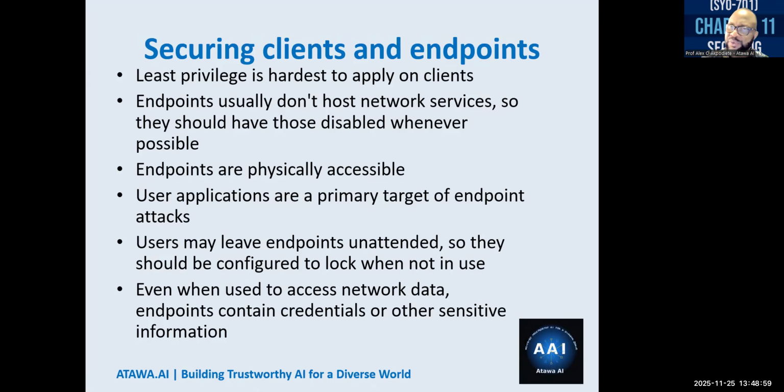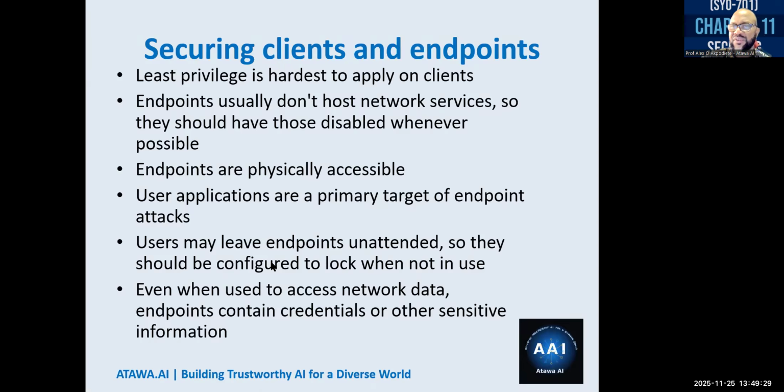All right, so when we're trying to secure clients and endpoints, again remember the doctrine of least privilege. It is hardest to apply to clients, but you need to apply it, and it's very, very important. Make sure that endpoints, which are physically accessible, are secure. User applications are a primary target of endpoint attacks, so make sure those apps are secure and patched.